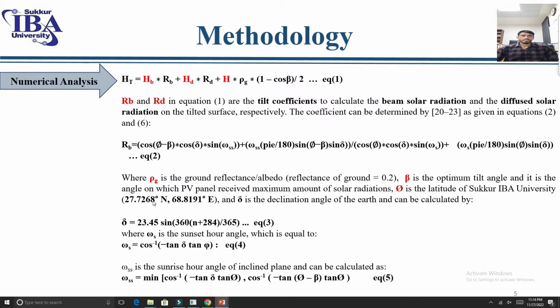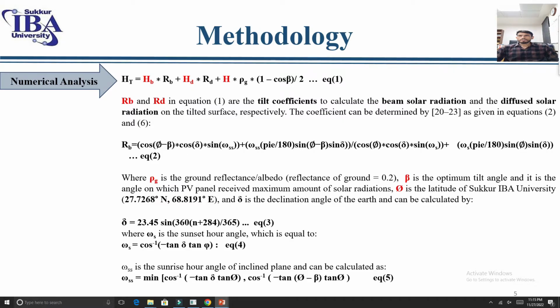Beta is the optimum tilt angle, which is our desired parameter. And phi is the latitude of Sukkur IBA University, which is 27.7268 north, 68.8191 east. And delta is the declination angle of Earth, which can be calculated with equation 3, where n is the number of days in the year.